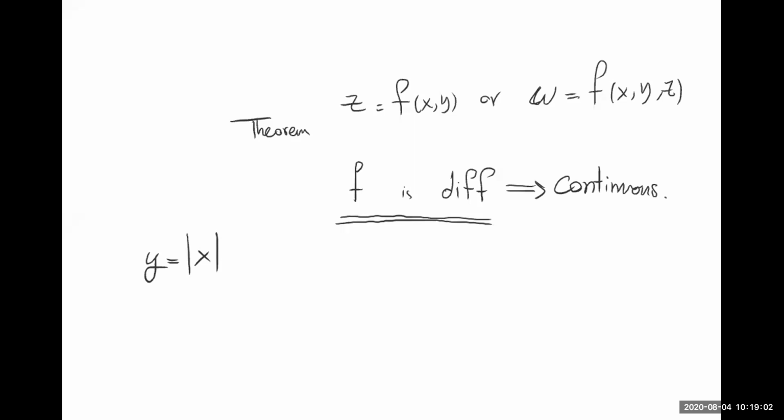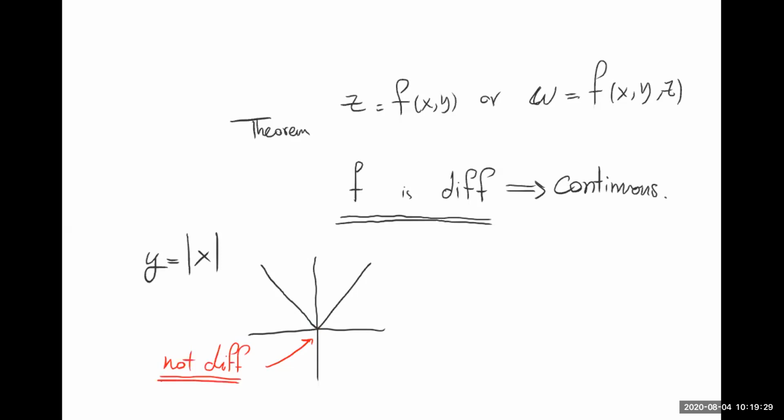If you look at its graph, it looks like this. It's very pointy here. There is a singular point. Whenever these functions have these broken points, they are not differentiable. There is no derivative there.